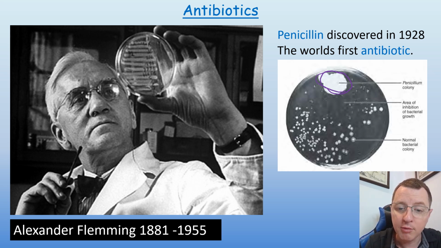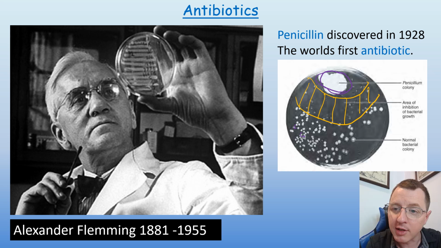And he was very curious as to see why all the bacterial species down here did not live and grow anywhere near his fungus. He said, well, I seem to have this zone here where no bacteria are growing. He investigated what was going on in that zone and he hypothesized that the fungus was producing some kind of chemical that inhibited bacterial growth.